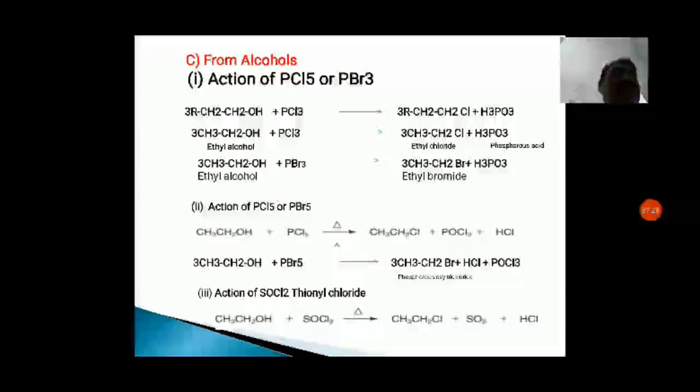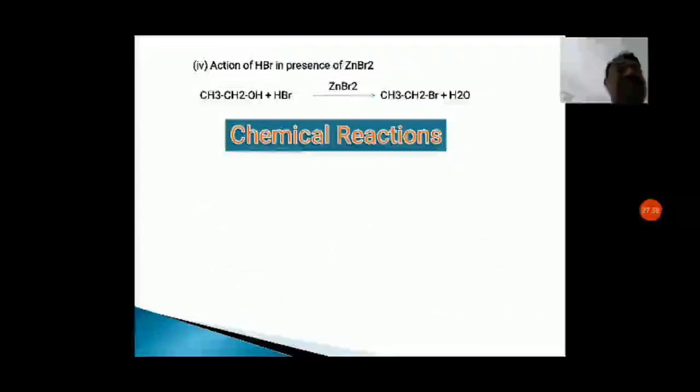Here there is liberation of SO2 gas and HCl gas. Here only alkyl chlorides are obtained because the reagent contains chlorine. So when we want to prepare alkyl chloride from ethanol, we can treat it with either SOCl2, PCl5 or PCl3. So these are the methods of preparation of alkyl halides.